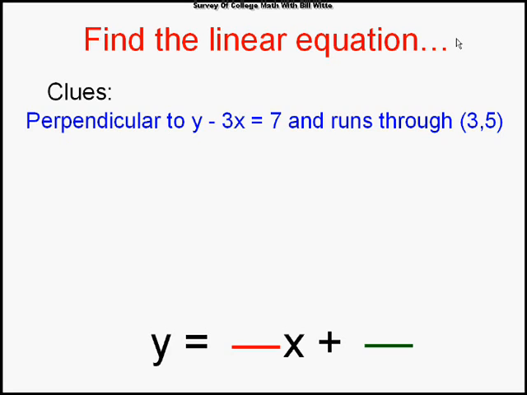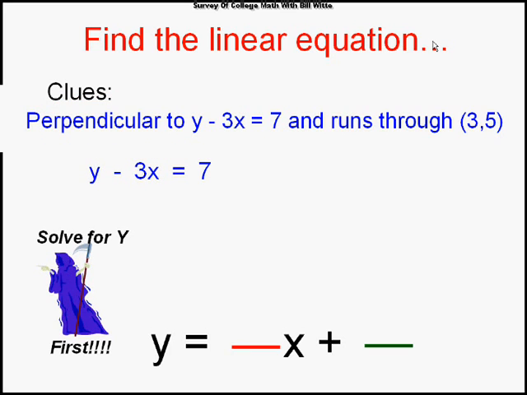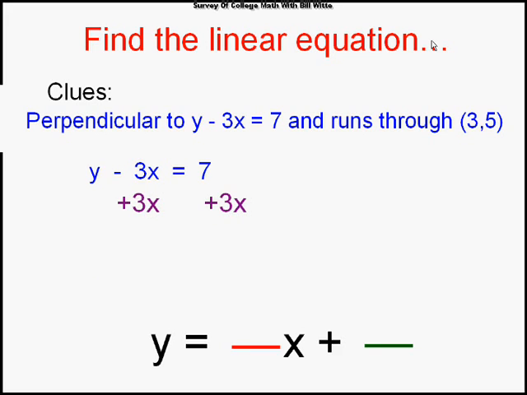I need a linear equation of a line that is perpendicular to y minus 3x equals 7 and also runs through the point 3, 5. Well, let's solve that for y, because we don't know anything until we do that. I get y is 7 plus 3x.